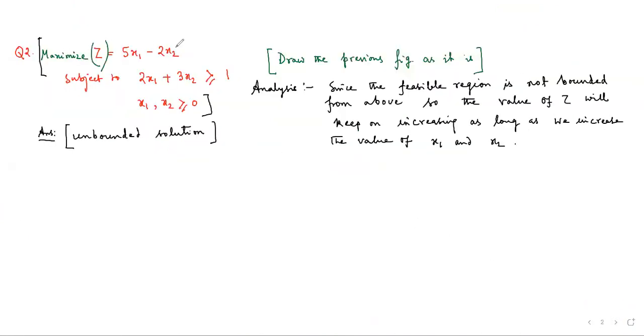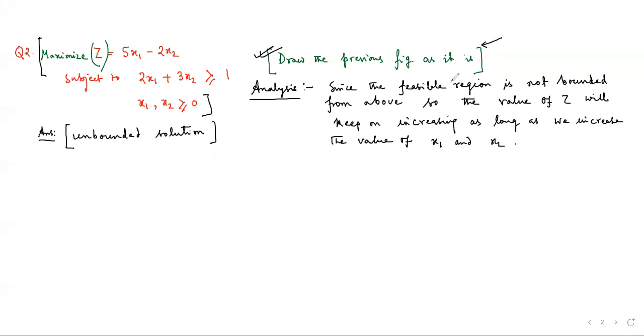Now, don't think that if this problem comes in the examination, you have to write this single sentence only. No, you have to draw all of the things that we did earlier, in the previous case. I mean, you have to draw the graph, you have to mark the region, you have to put the coordinates. So this is left for you.